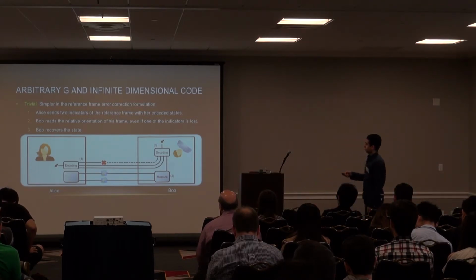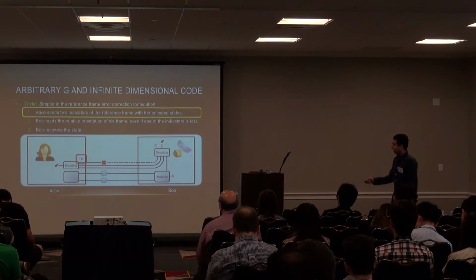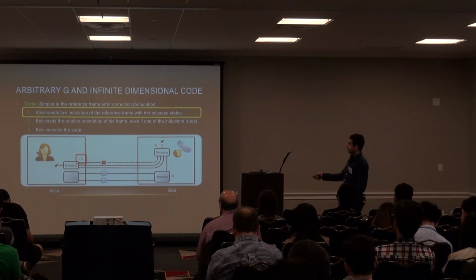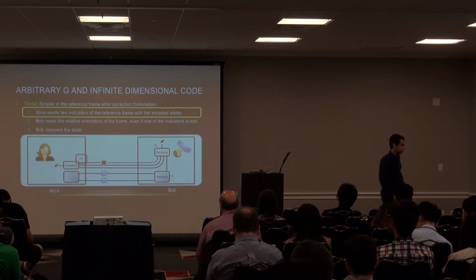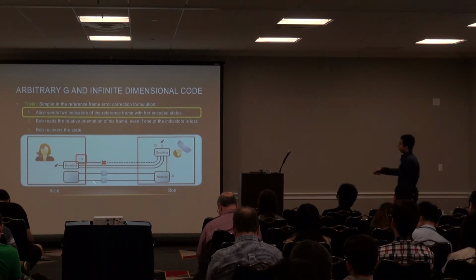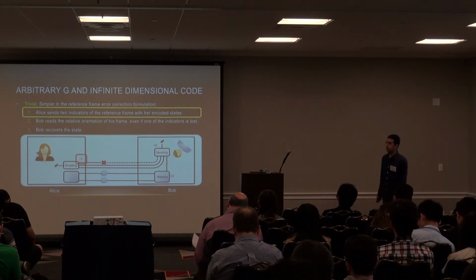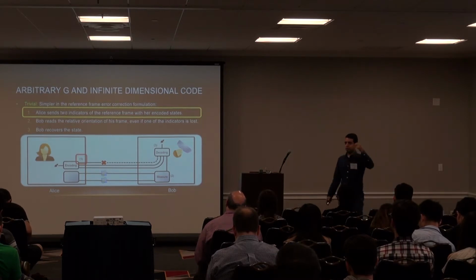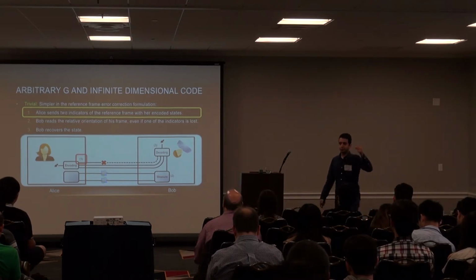So start from here. Alice has a spin. And again, she uses her favorite encoding, non-covariant encoding, whatever she uses. But she supplements her encoded qubits with two big infinite dimensional classical indicators of the reference frame.